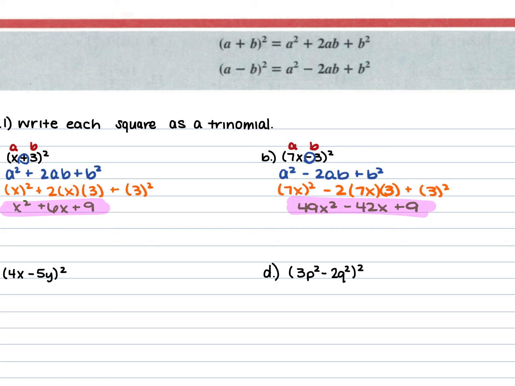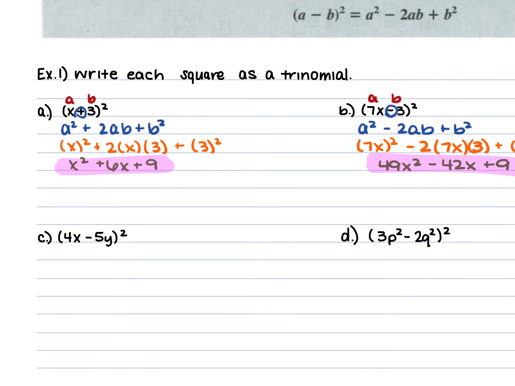For example C, we have 4x minus 5y squared. So our a is the 4x, our b is the 5y. We're going to use the formula a squared minus 2ab plus b squared, since we have a negative between those two terms. So we're going to have 4x raised to the second power minus 2 times 4x times 5y plus 5y raised to the second power.